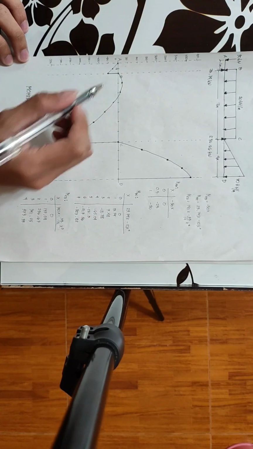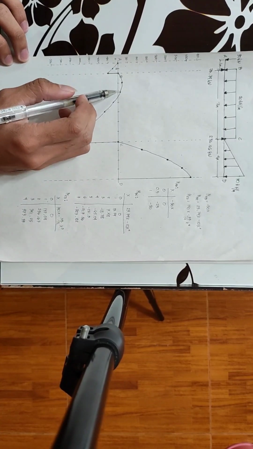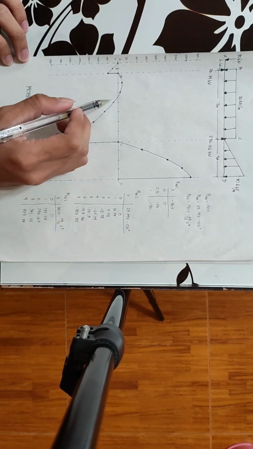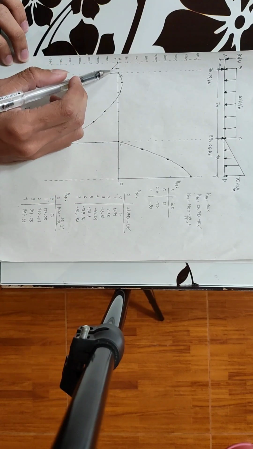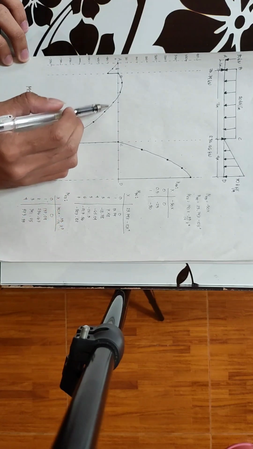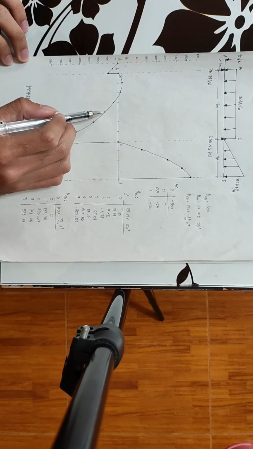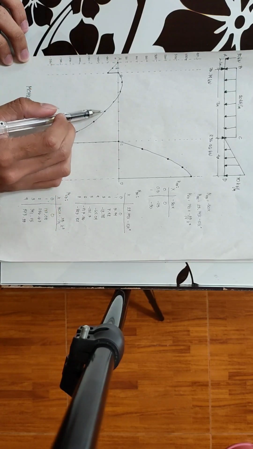So if x is 1, it's somewhat located here. Then if x is 2, it's 7, so it's lower. Then if x is 3, it's negative 18.78, somewhat here. Then x is 4, it's negative 65.04, somewhat here.